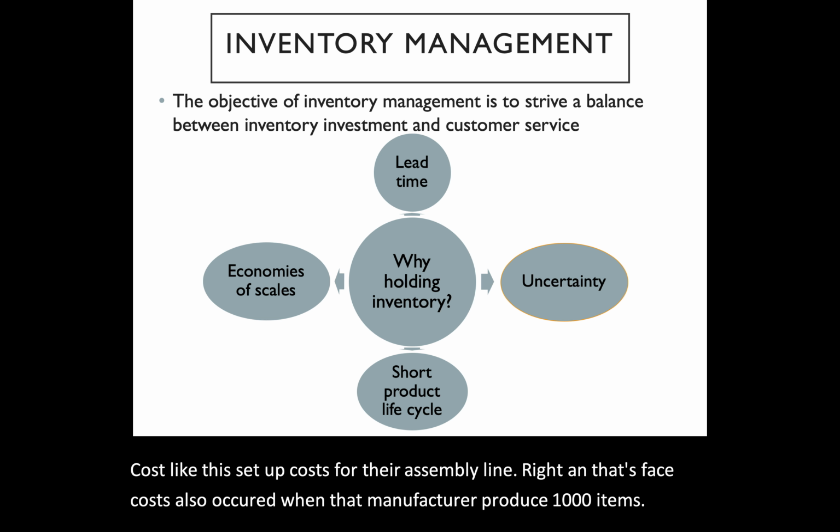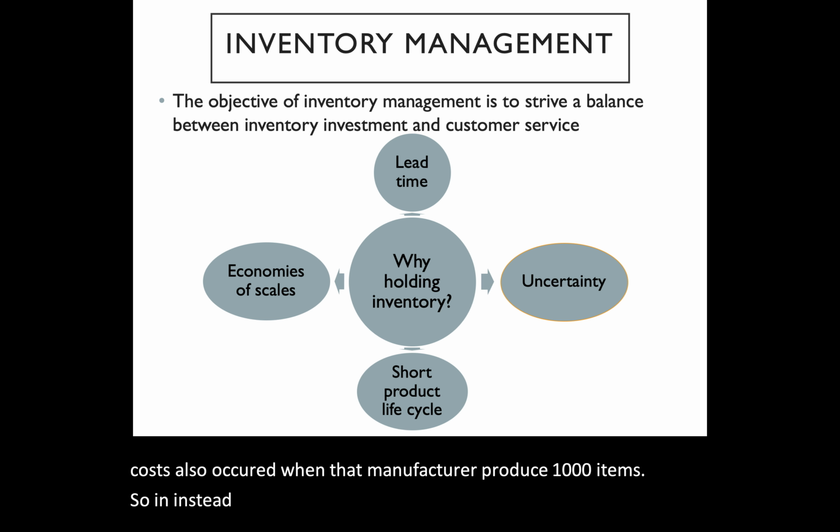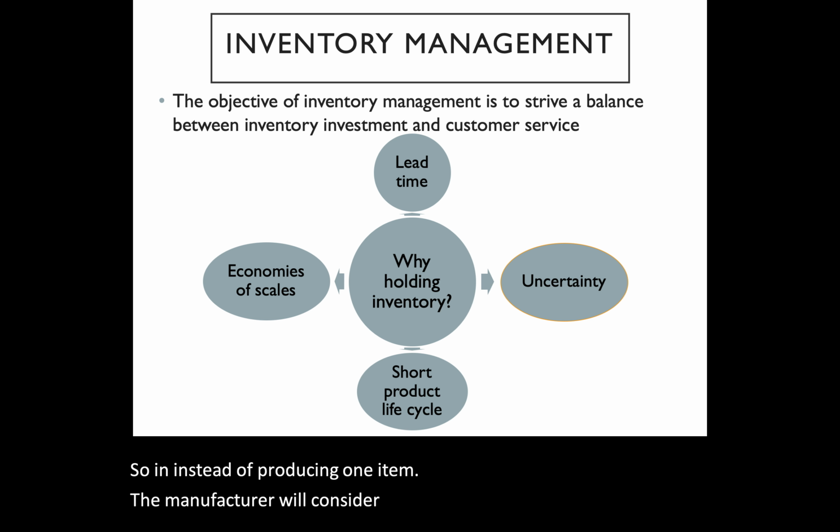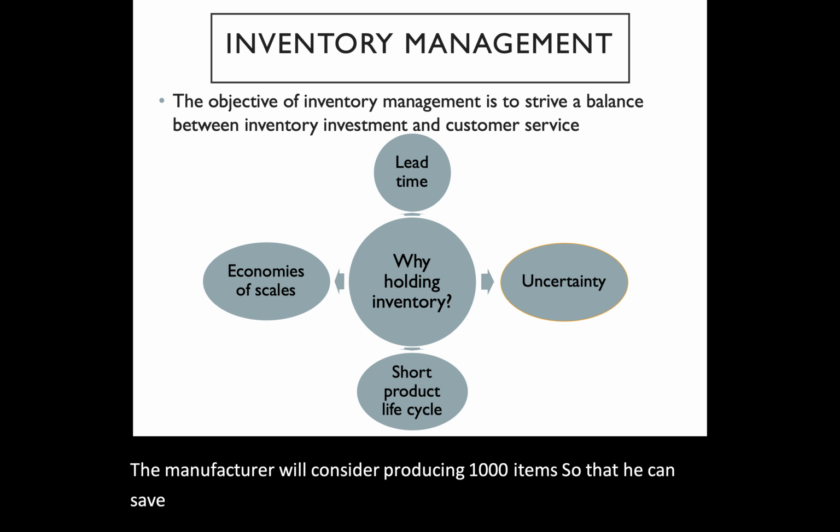So instead of producing one item, the manufacturer will consider producing 1,000 items so that he can save the unit cost per item. And that's what we call the economies of scale.